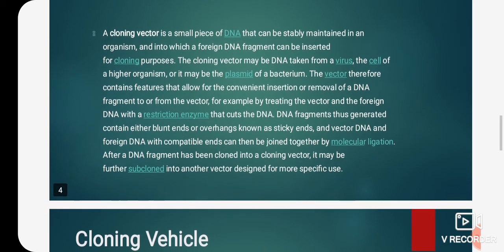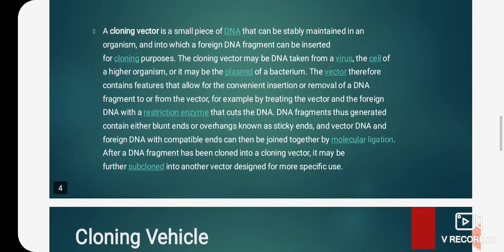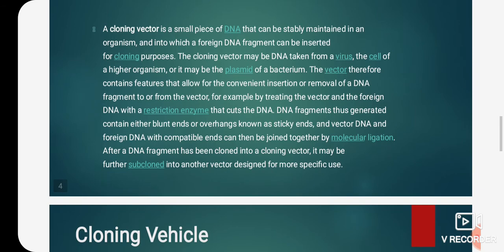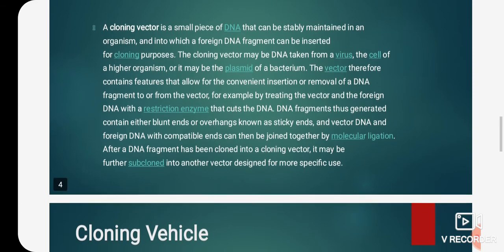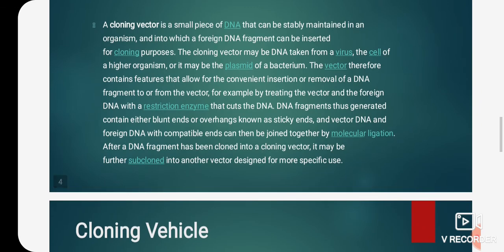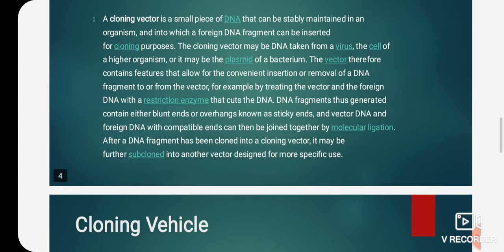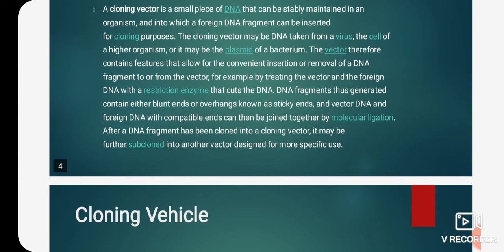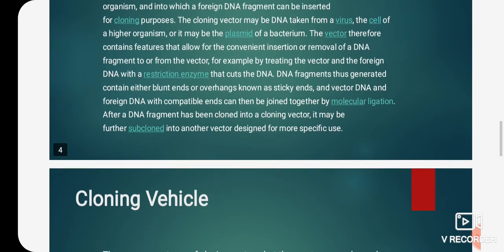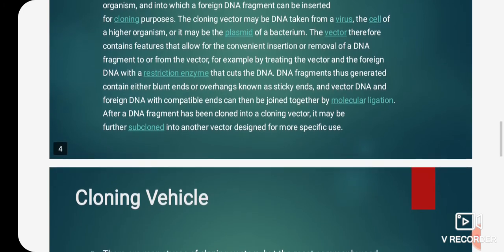The vector therefore contains features that allow for the convenient insertion or removal of a DNA fragment to or from the vector. For example, by treating the vector and the foreign DNA with a restriction enzyme that cuts the DNA.